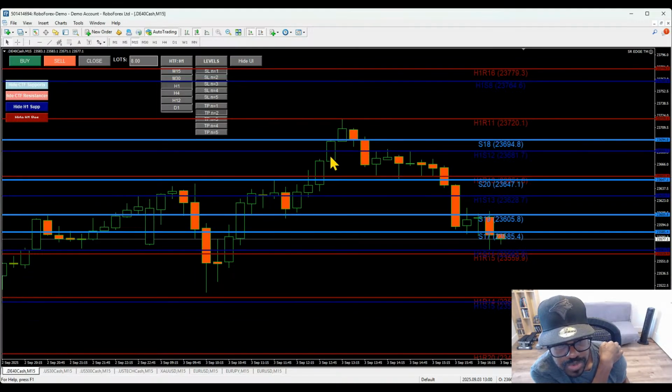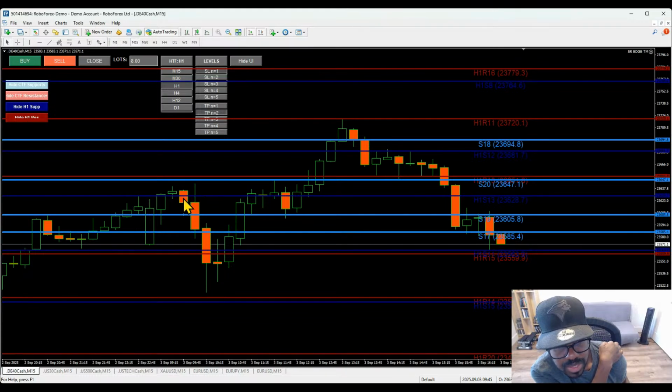So it broke those previous support and resistance zones to the upside, and then started to go down after that. So the first sell was good because it was almost at the peak, but the last sell was almost in profit and then started to reverse.